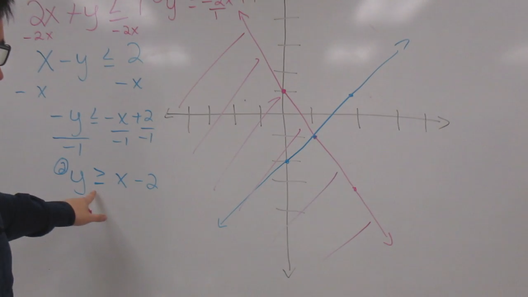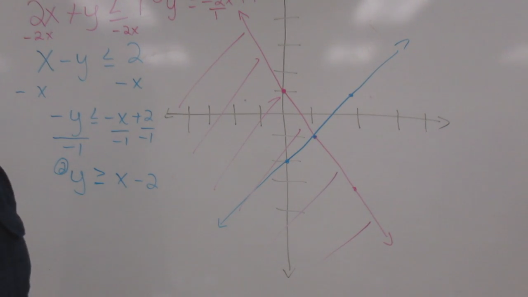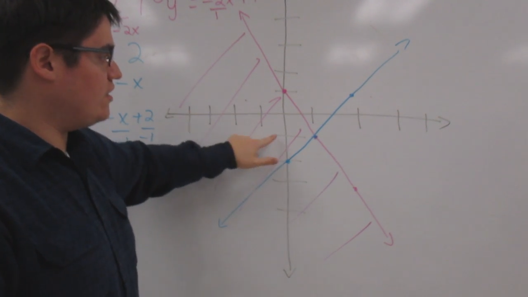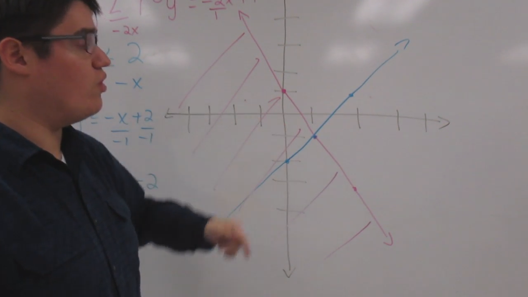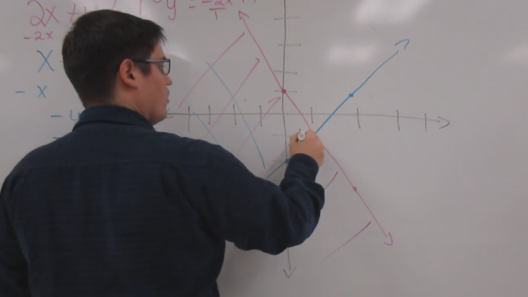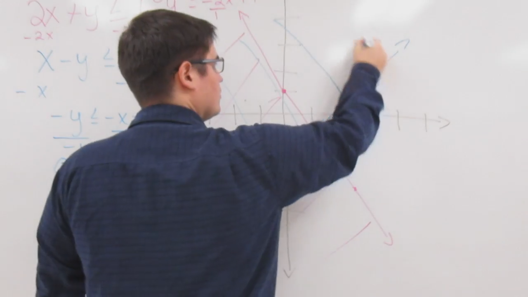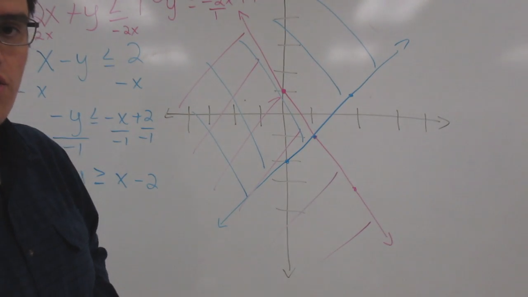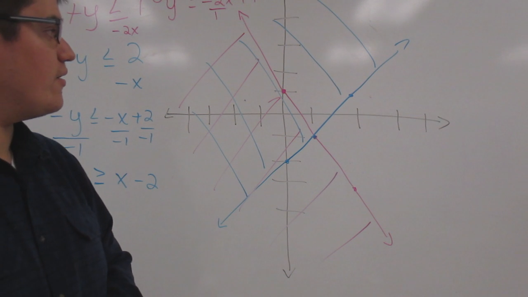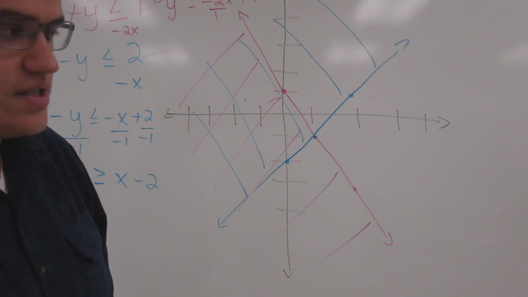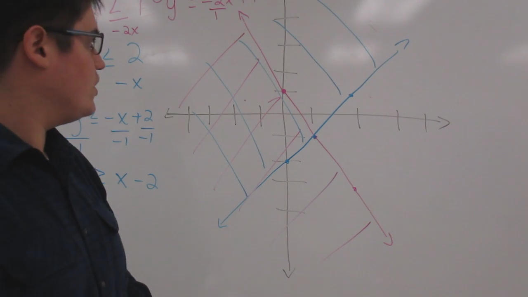And then for the blue line, I'm looking at the y values that are greater than that blue line. The ones that are greater than the blue line are going to be like negative 1, 0, 1. So I'm going to shade all of that, because those are all the y values that are greater than that blue line right there. Now I just need to find the area where the two shadings overlap.